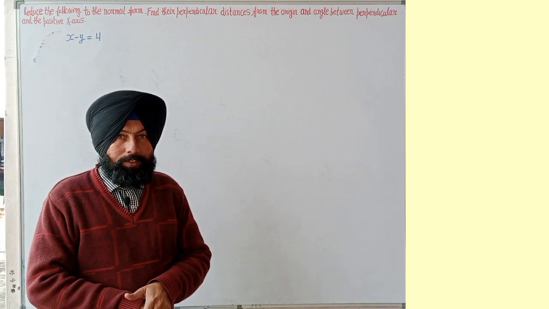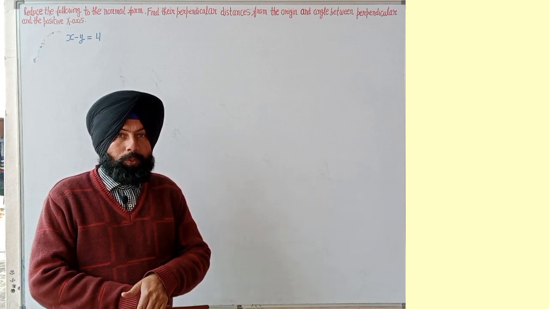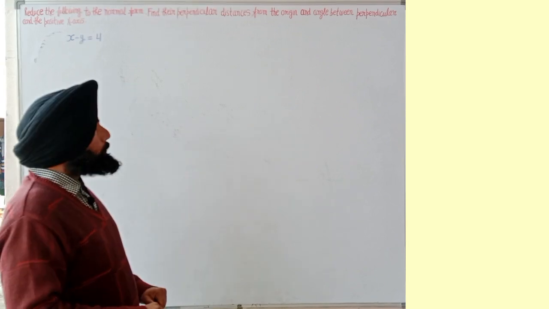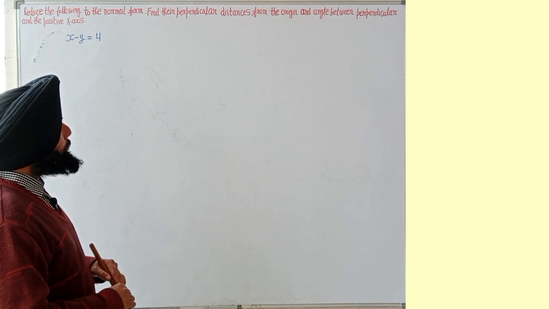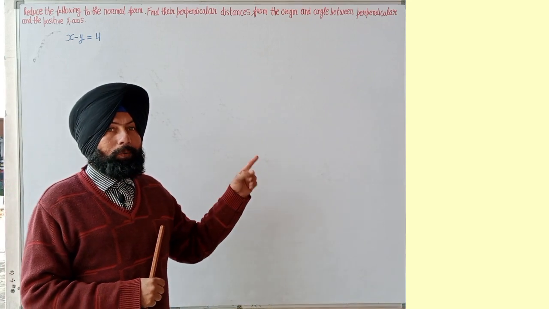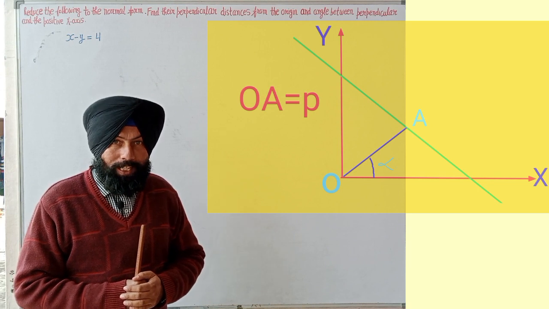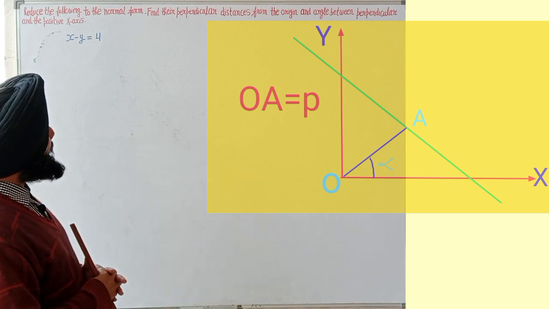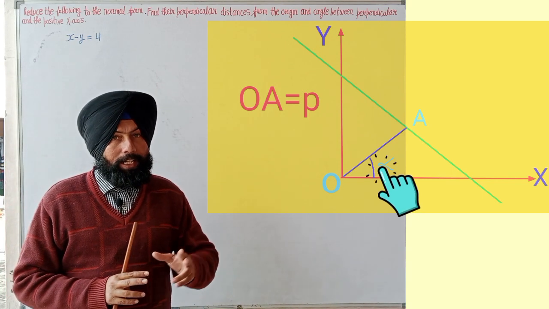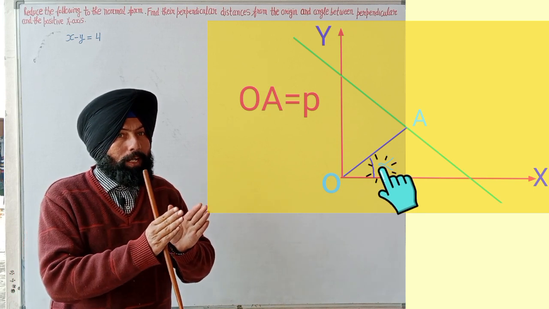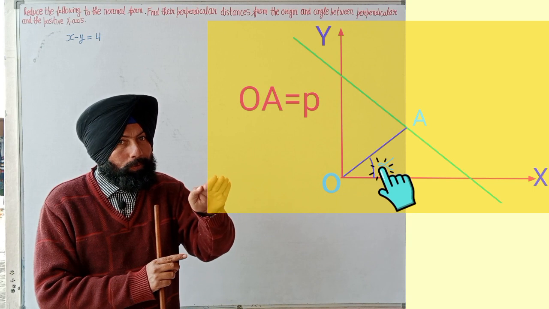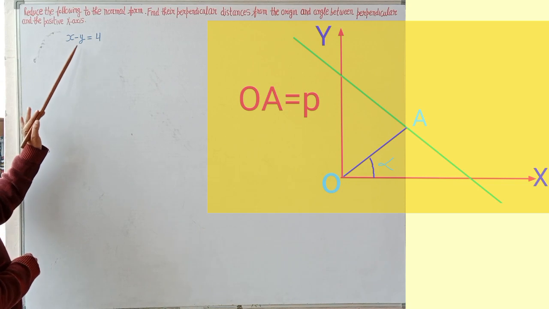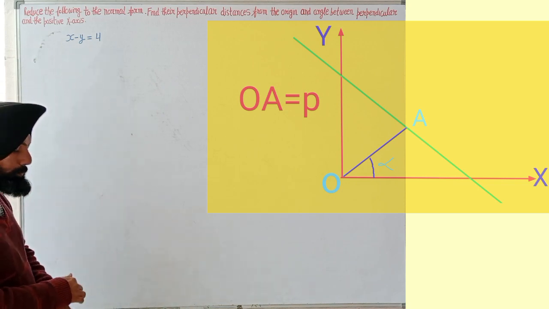We have a straight line which cuts the x-axis and y-axis. We want to find the perpendicular distance from the origin to this line and the angle between the perpendicular and the positive x-axis. The equation of the line is x minus y equal to 4.